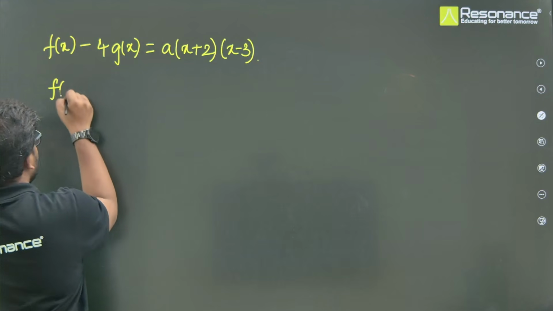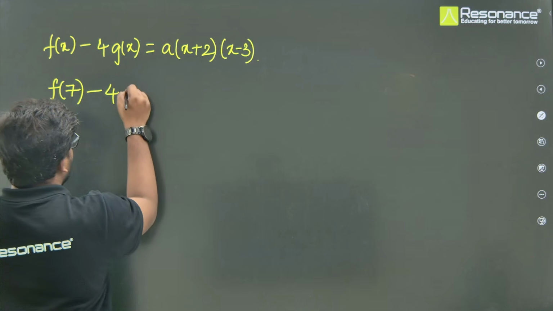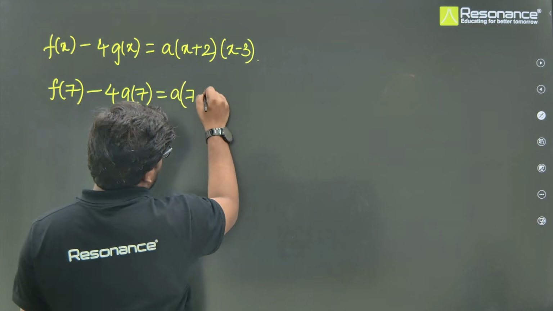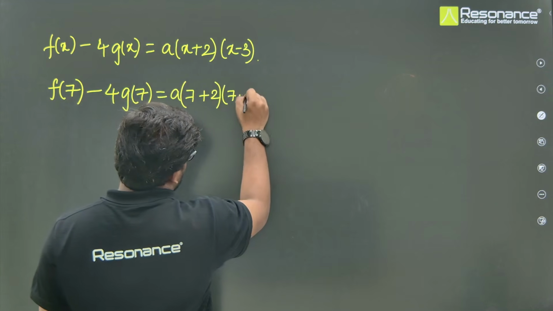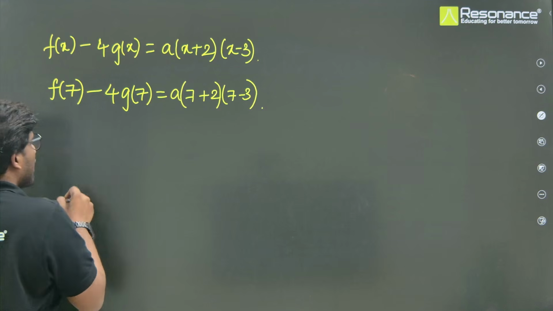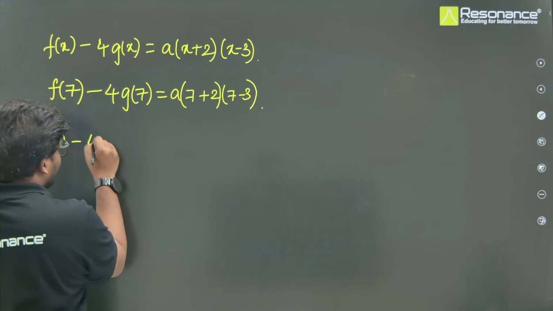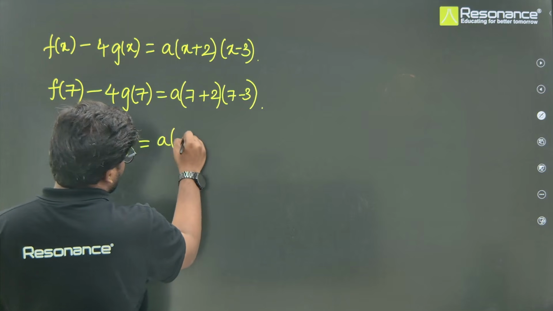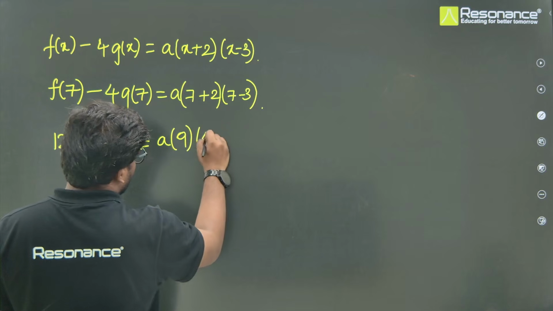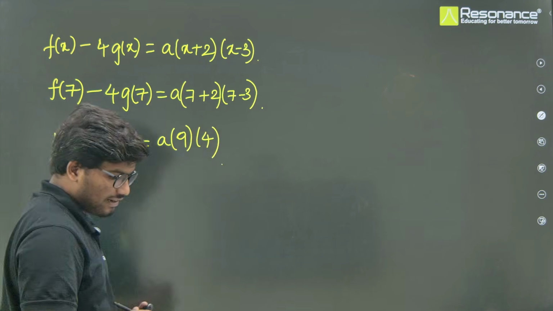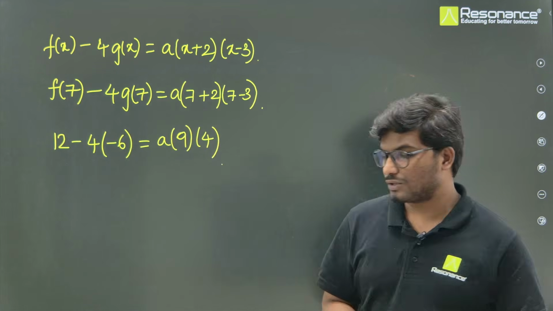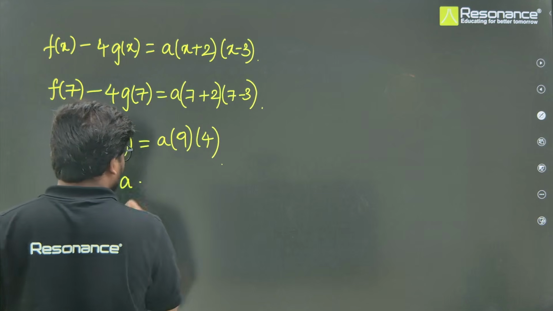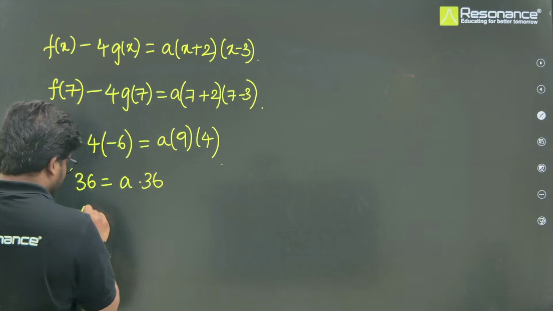So, f of 7 minus 4 g of 7 is a into 7 plus 2 and 7 minus 3. f of 7 is what? 12. 12 minus 4 into g of 7, which is minus 6, is a into 9 into 4. So 12 plus 24, 36. 36 equal to a into 36. So a equals 1.